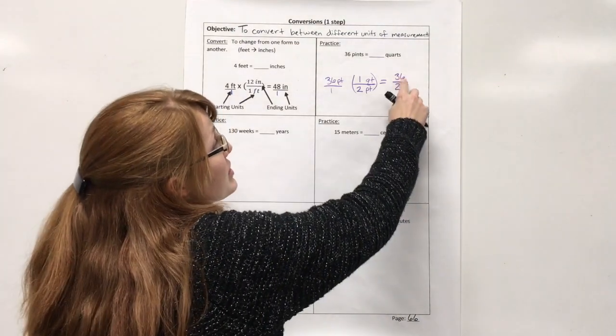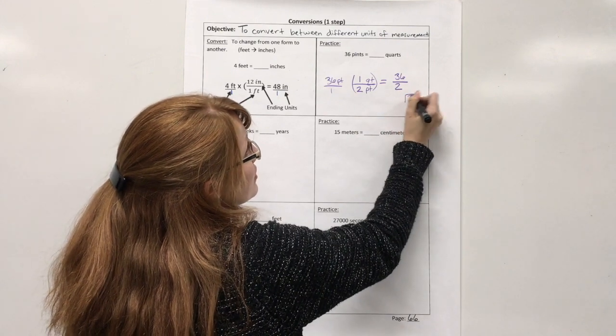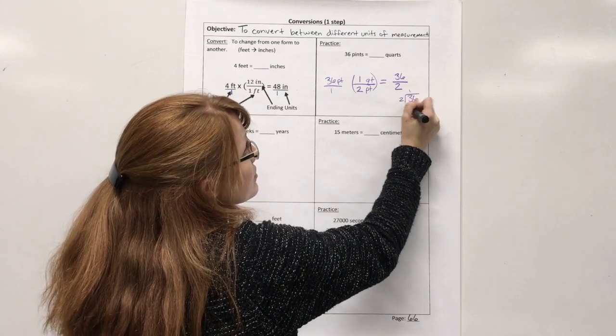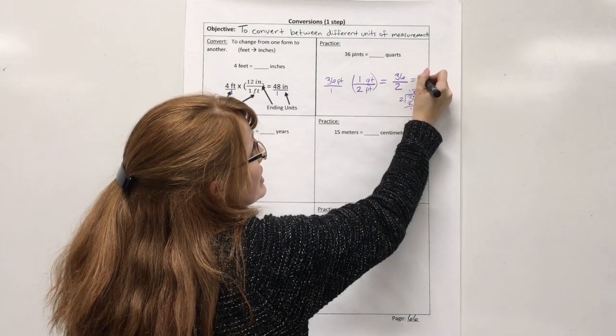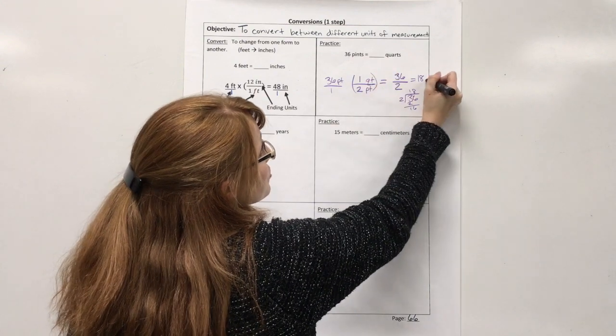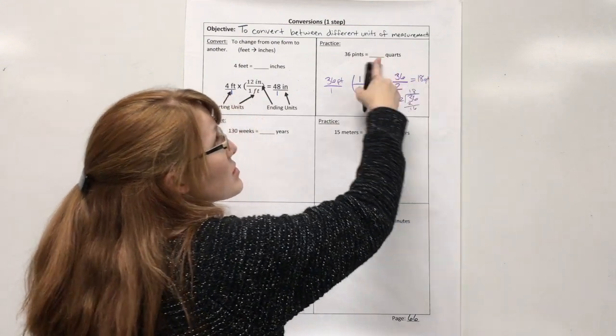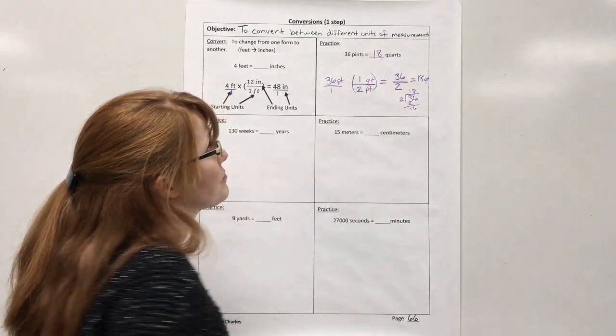Okay, so 36 divided by 2, well, that goes in once, and that goes in 8 times. So that would equal 18, and the pints cancel out, so I'm left with quarts, which makes sense because that's what I'm looking for. So this would be 18 quarts.